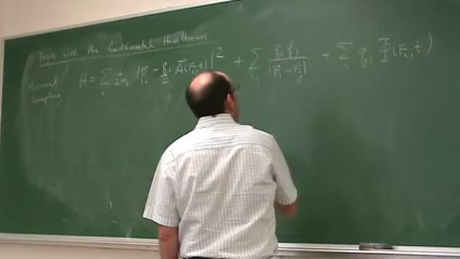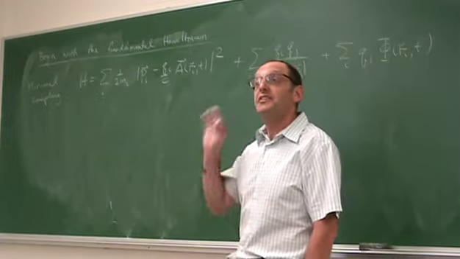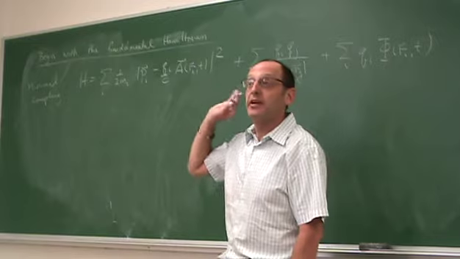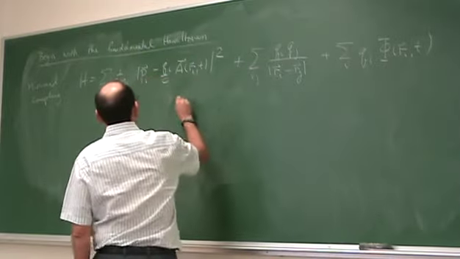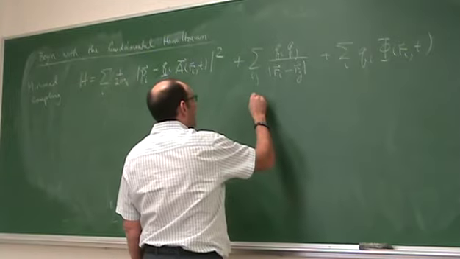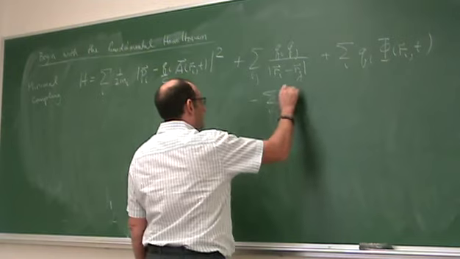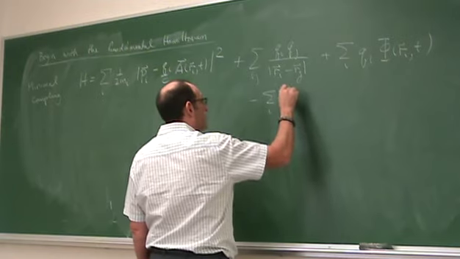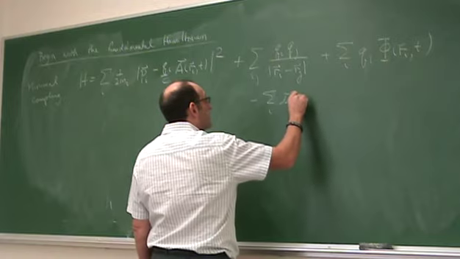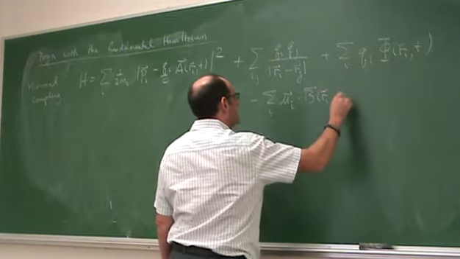And then I have the effect of the intrinsic spin, which is not part of the classical Lagrangian, but comes sort of extra. And that would then be minus the sum over all the intrinsic spin magnetic moments, if they have spin angular momentum, interacting with the local magnetic field.